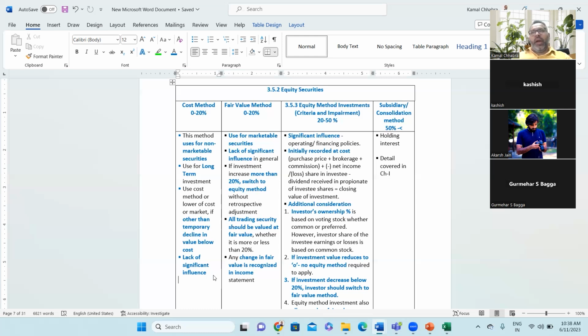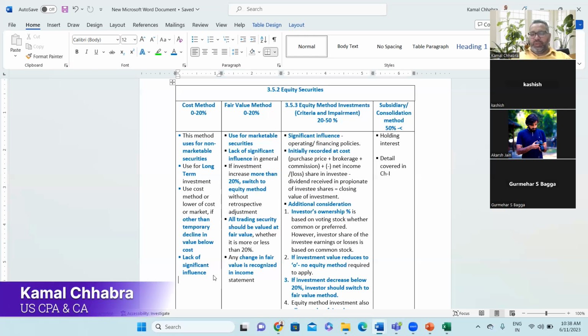But the day you have acquired more than 20% equity share, from that day onward, you need to apply the equity method of investment. That is called switching. Make sense?